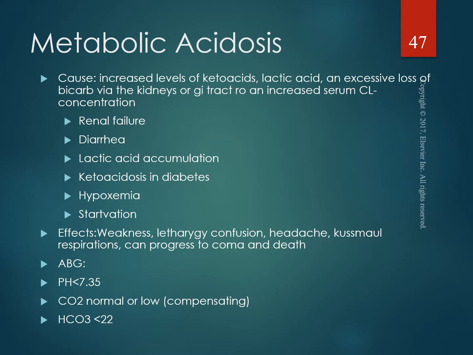Renal failure, diarrhea, lactic acid accumulation, ketoacidosis in diabetes, hypoxemia, starvation. Effects could be weakness, lethargy, confusion, headaches, small respirations, and it can progress to coma and death. Your blood gases are going to be a pH less than 7.35, CO2 normal or low if compensating, HCO3 less than 22.